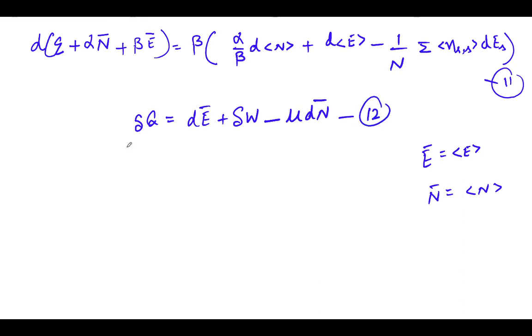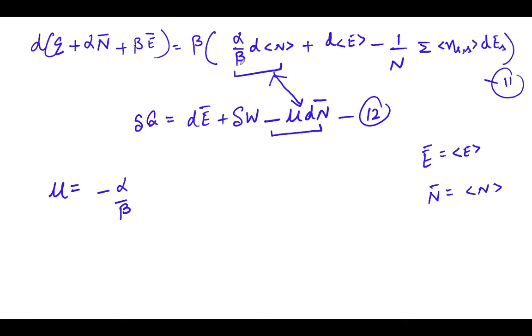Now comparing equations 11 and 12, we can see that the value of mu, with respect to dn, is equal to minus alpha over beta.